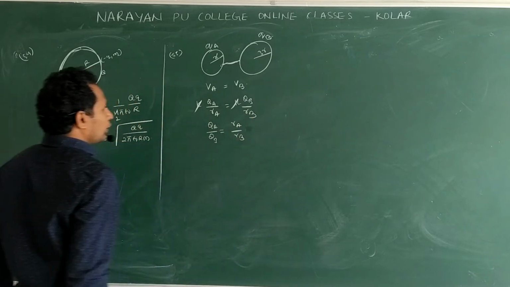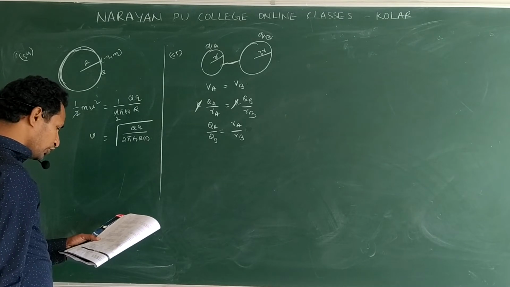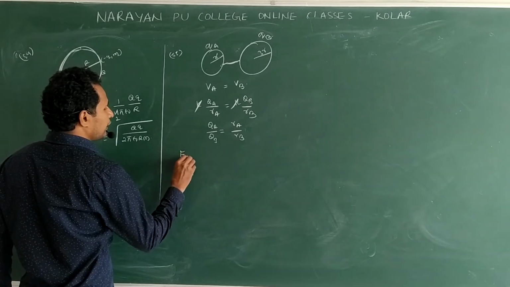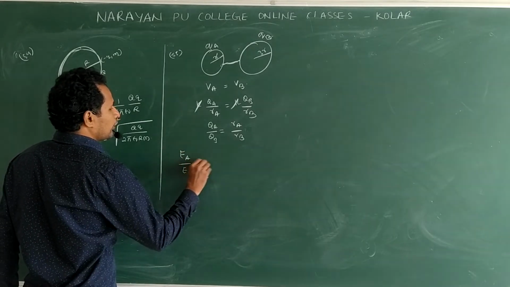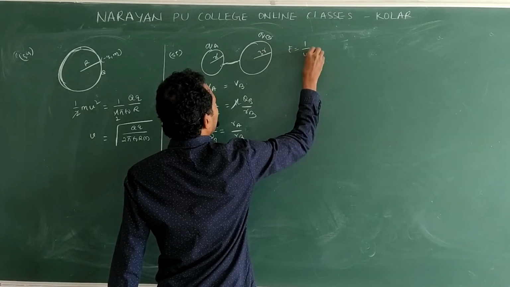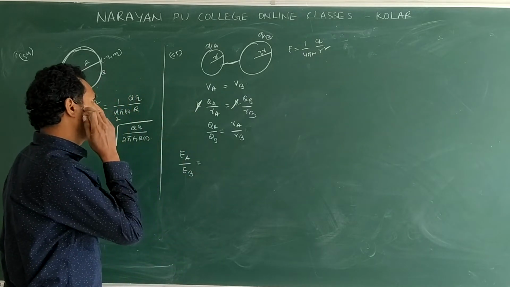Clear? Now what are they asking? The ratio of magnitude of electric fields at the surface of the sphere. They are asking EA by EB. So EA by EB, what is different from the electric field formula? 1 by 4 pi epsilon naught Q by R square. Clear?